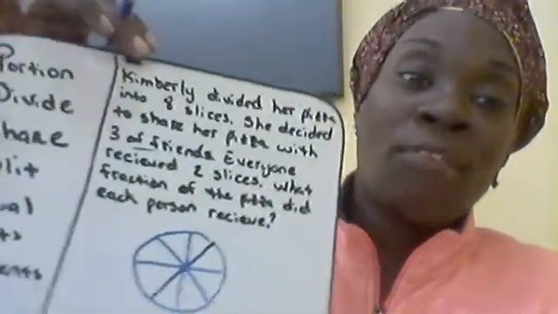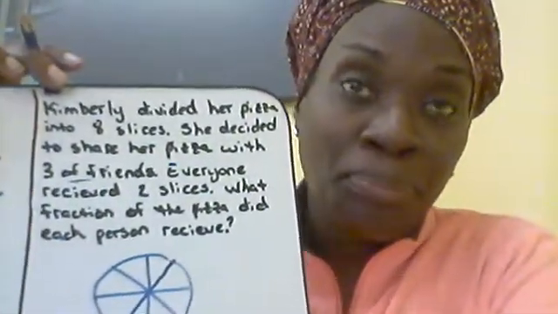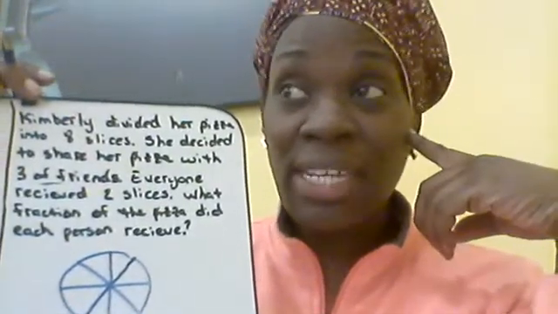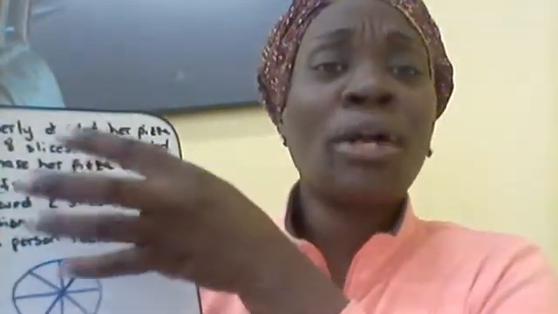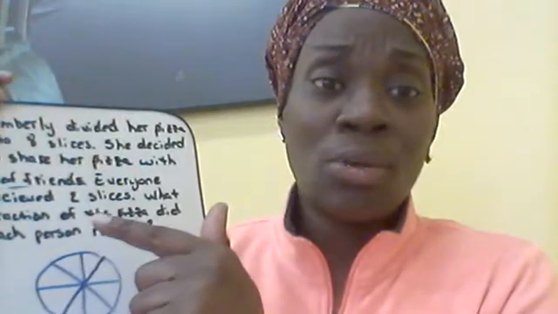Sometimes they want to know how many pieces were used, so you look at the pieces that have been shaded. Those are some things to think about. It's important because as we move to the next phase of extracting a fraction from a word problem, we have to put all of that together to answer the question effectively.